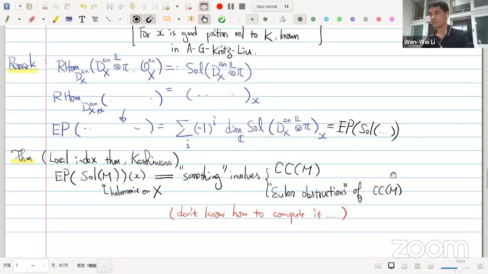For example, we don't know how to compute the characteristic cycle of this. I think you cannot solve this using abstract tools. You really have to do some computation.